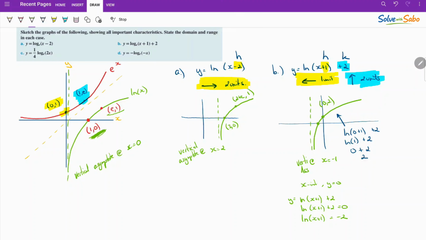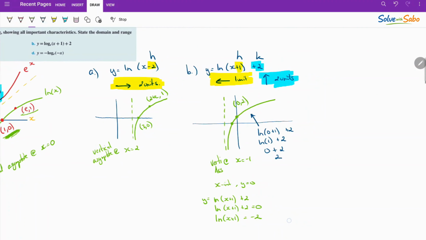Now, if I want to get that x outside of that log, I can go e to the power of ln. Now, this e to the power of ln of x plus 1 is going to equal e to the power of -2.